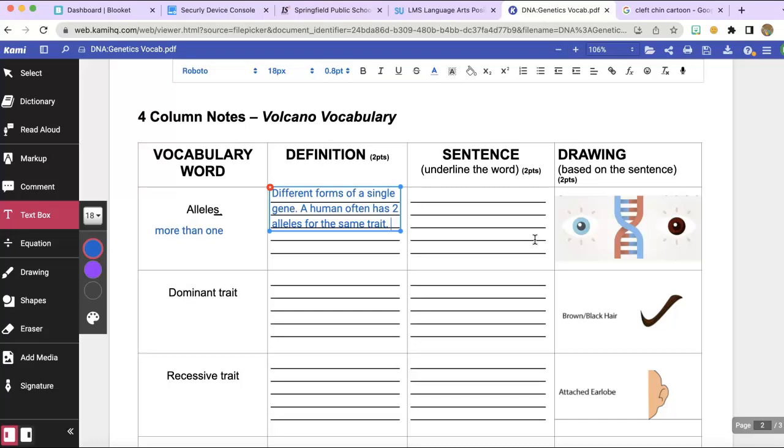So let's write our sentence, okay? Another family member. Oh, let's go with Carlos.